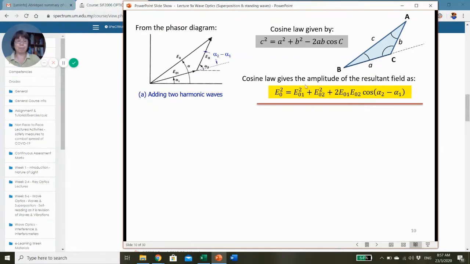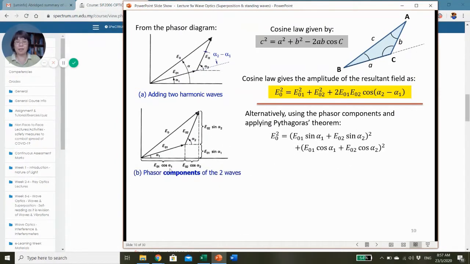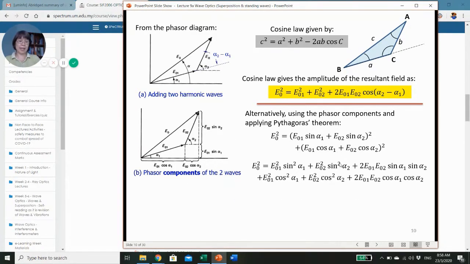Now, if you don't want to do it this way, we can also calculate that using Pythagoras theorem from the phasor components. Looking at this diagram, Pythagoras theorem gives that E squared will be equal to the square of the sum of these two and the square of the sum of these two. That's given here. Expanding that, you have this. Now, this term and this term, sine squared alpha 1 and cosine squared alpha 1, add up together from the trigonometry identity to equal 1.